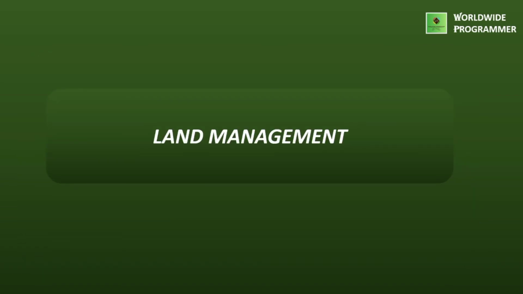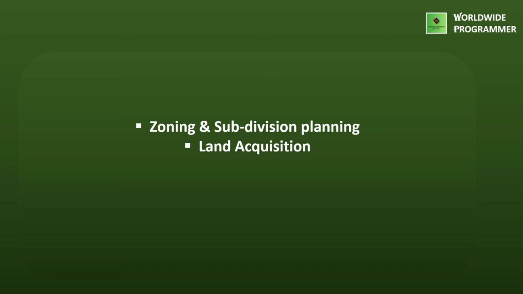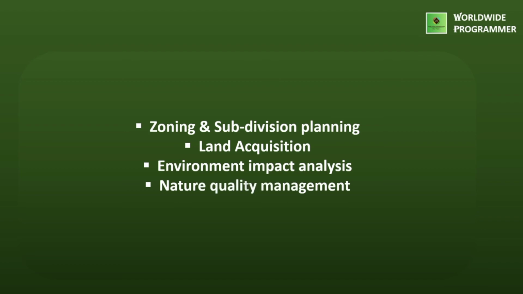Local, state and federal governments have found GIS particularly useful in land management, and those areas are zoning and subdivision planning, land acquisition, environment impact analysis, nature quality management and maintenance of ownership.